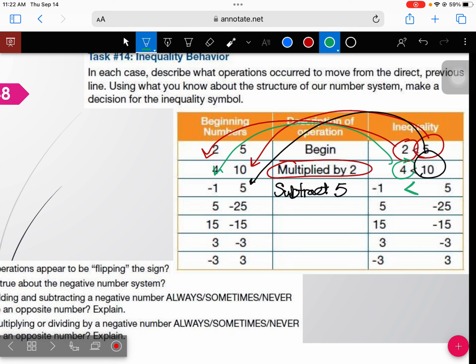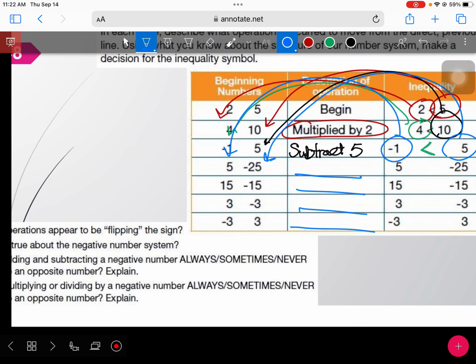Less than. So I want you, with the people next to you or by yourself, however you want to do it, try to continue on saying, how do I get from negative 1 to 5? How do I get from 5 to negative 25? Answer what operations are happening here, and then also tell me what inequality symbols you are going to put.